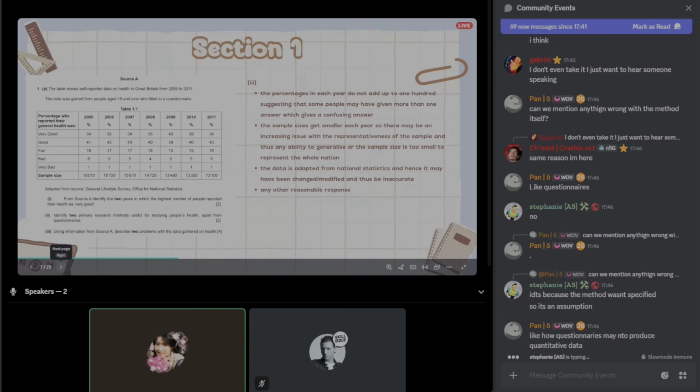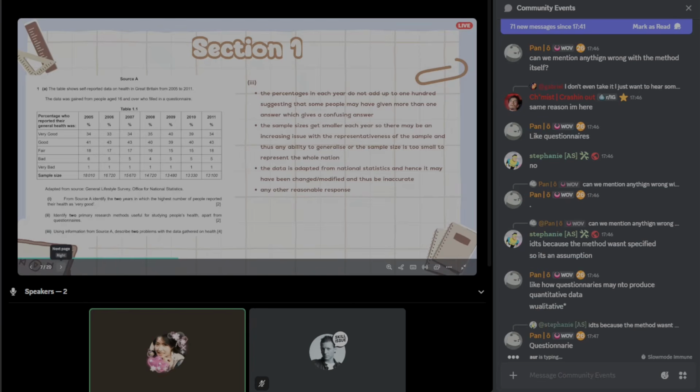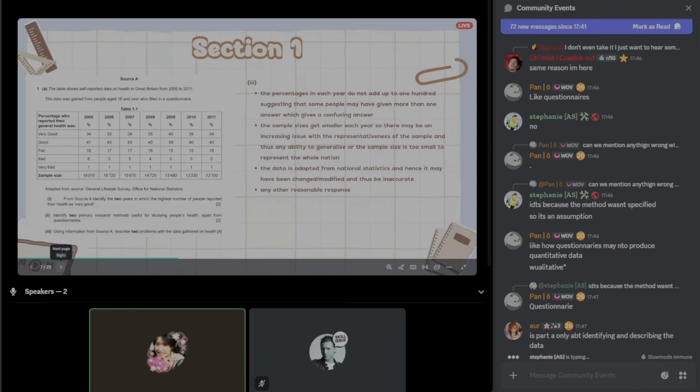You can talk about how it was collected, like how it's self-reported. Oh, I just covered that before, this does not cover qualitative data and it's quantitative. I just said that.